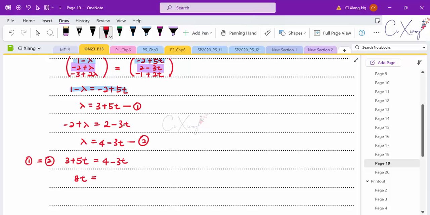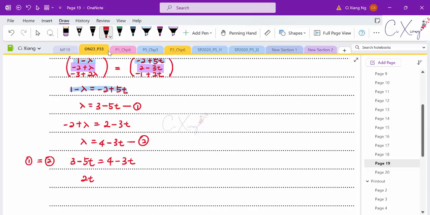Okay, I saw one mistake here. This part, when I move the lambda over, the 5t I also move to the other side, it should be minus. Sorry for this confusion. So let us continue again. By right, I'm having 3 minus 5t equals 4 minus 3t.